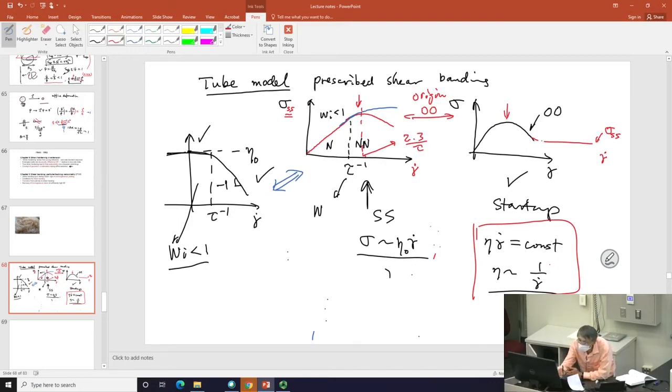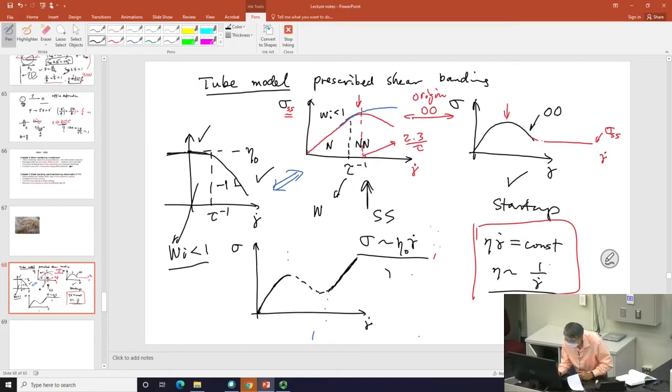In fact, if you take a more modern view, you will say, if that's possible, this is possible. The dashed line with a negative slope is not possible.